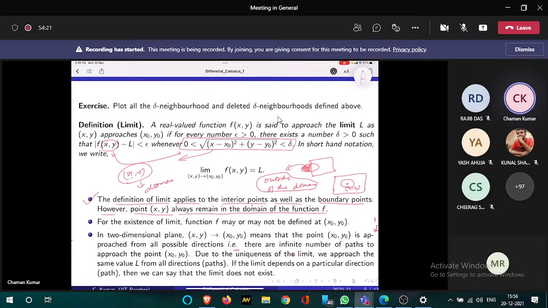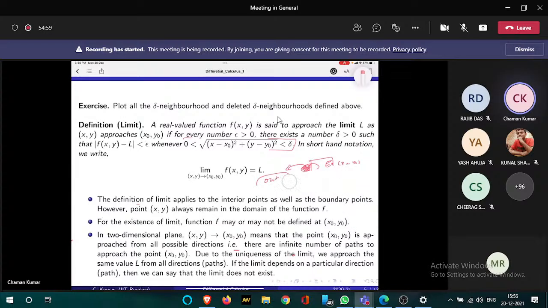You can also have some other shapes. So as long as these shapes are lying inside the domain of the function, then you are fine. But if x naught, y naught is on the boundary, then you should be careful that you only include the part of the deleted neighborhood which is inside the domain. You will exclude the part of the deleted neighborhood which is outside the domain of the function. Is this clear? This is what this point means.